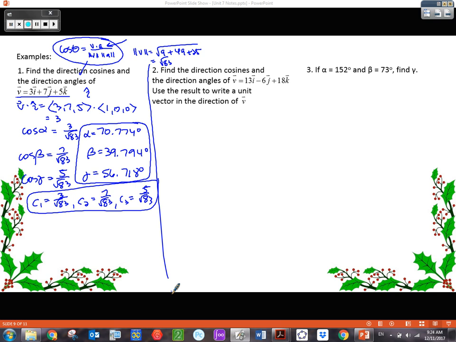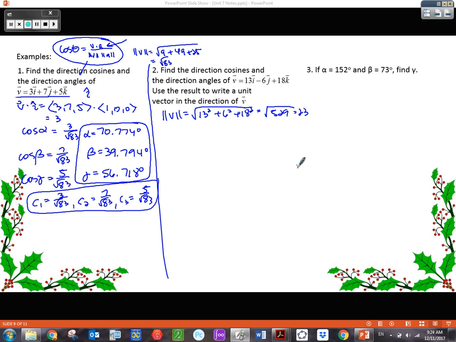Okay. Let's look at our second example. Here, they want us to find the direction cosines and the direction angles of this other vector, and then use the result to write a unit vector in the direction of v. Let's start with the magnitude of v. That's 13 squared plus 6 squared plus 18 squared, so the square root of 529, which just so happens to be 23.